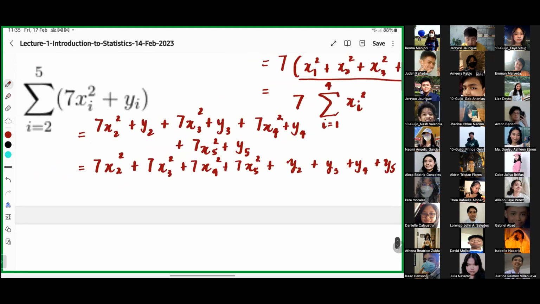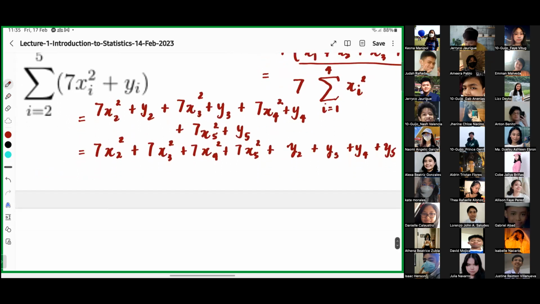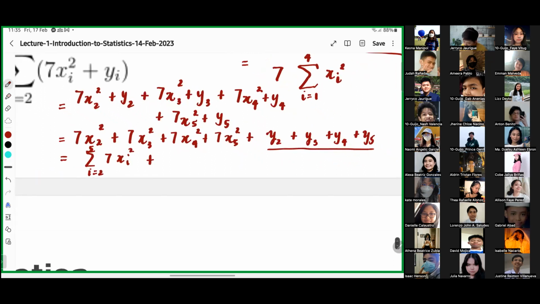And then, we can write this in two separate summation notations. Tama ba? Will you agree with me that the first one is equivalent to the summation of 7 x sub I from I equals 2 to 5 squared, plus this one is the summation of y sub I from I equals 2 to 5.